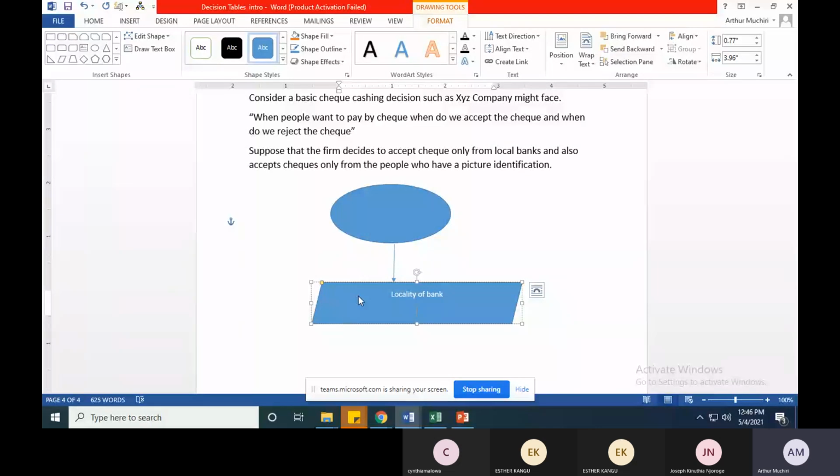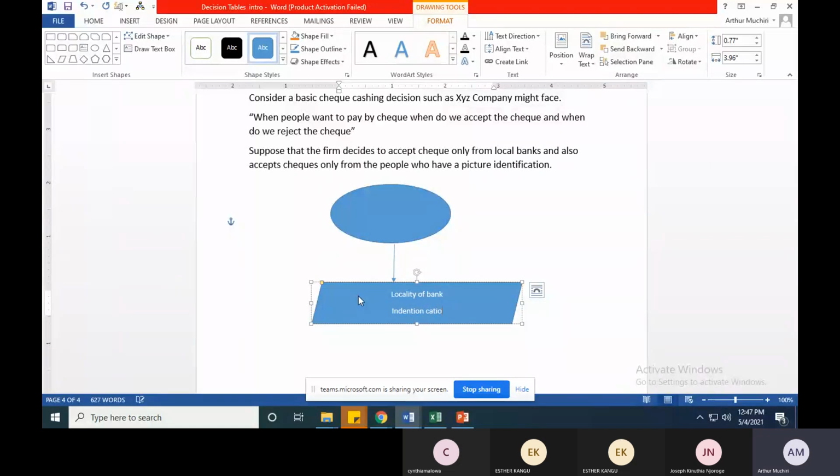So also it will ask you for picture identification. So it will ask for the locality of the bank, then the input is identification. Let's just say identification. It will ask you for an identification card.